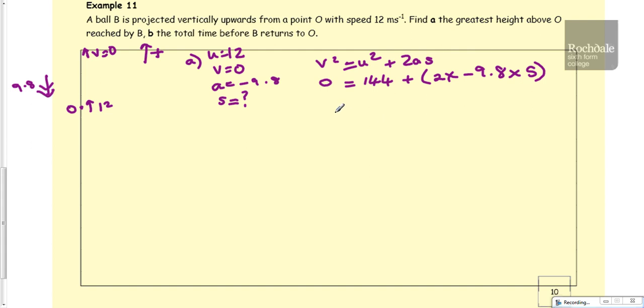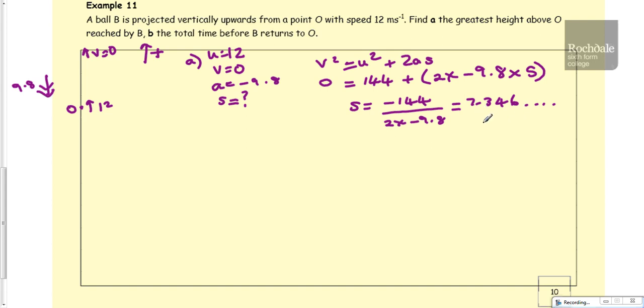So if we rearrange that, we'll get that s is minus 144, taking that over to the left, divided by 2 times minus 9.8. Just by rearranging the algebra. And if you work that out, it works out to be 7.346. It's an ongoing decimal. Save it in your calculator in case we need it later.